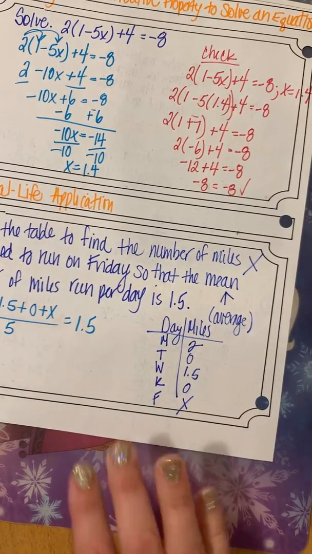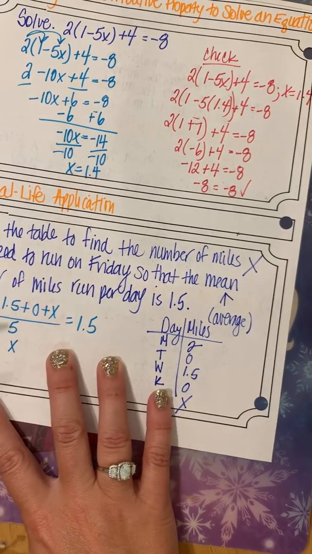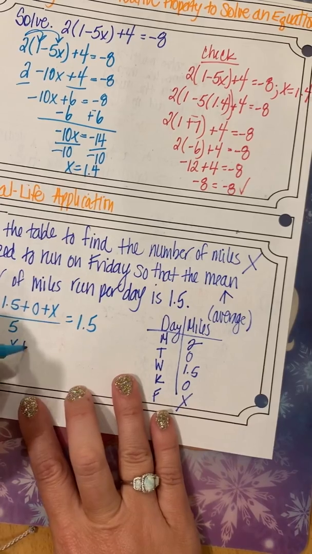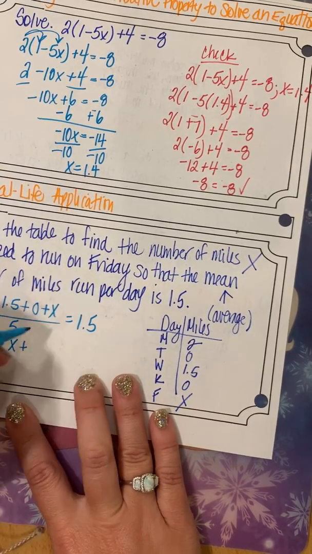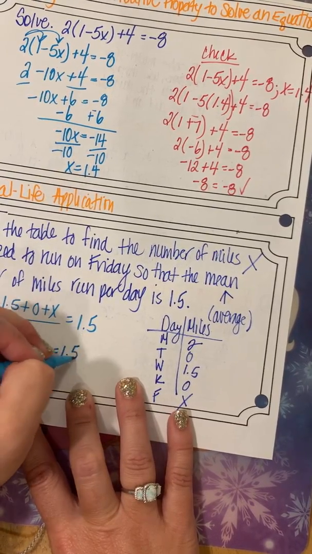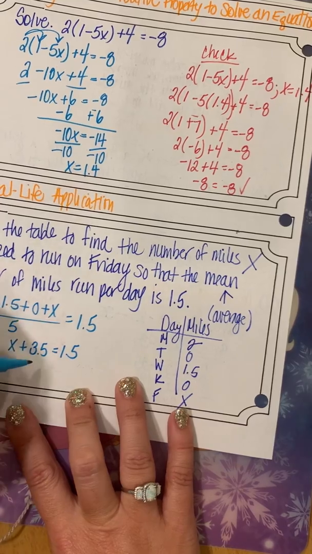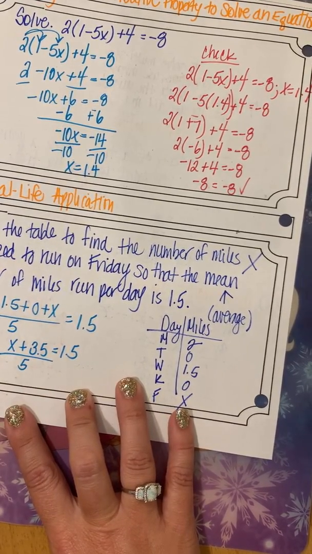So now I have to combine like terms. So I have 1x. You always want to put that variable term first. Then I have my constants. 2 plus 1.5 is 3.5. Don't forget that that is all over 5.